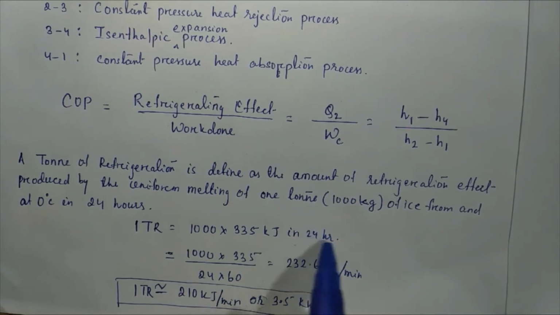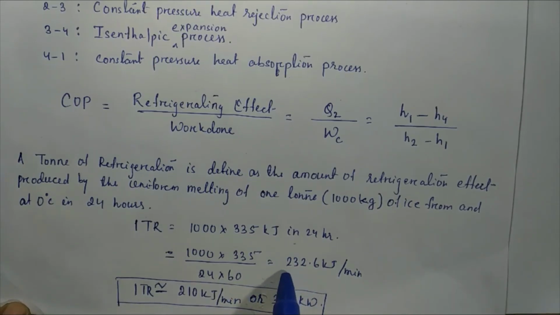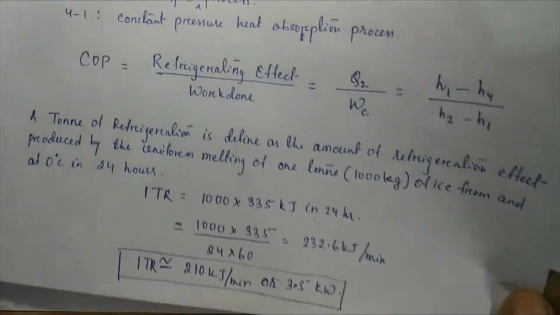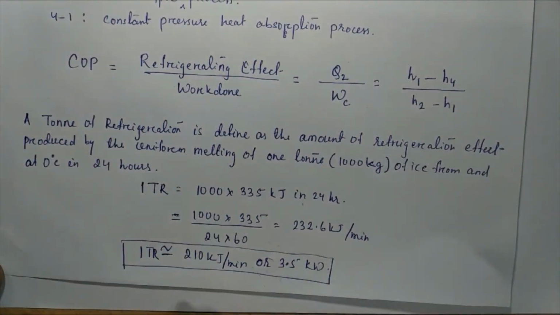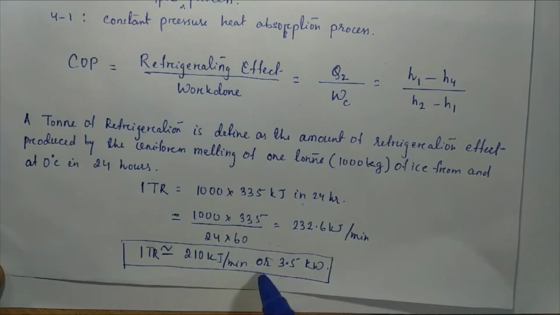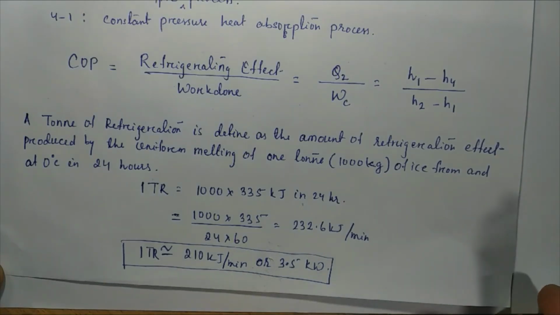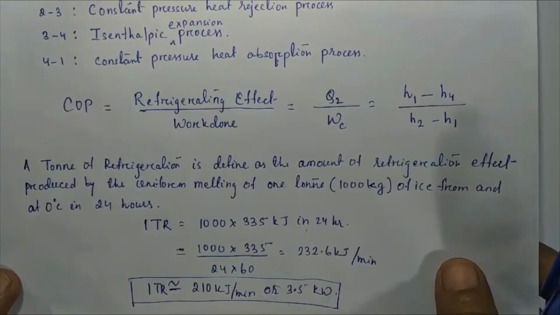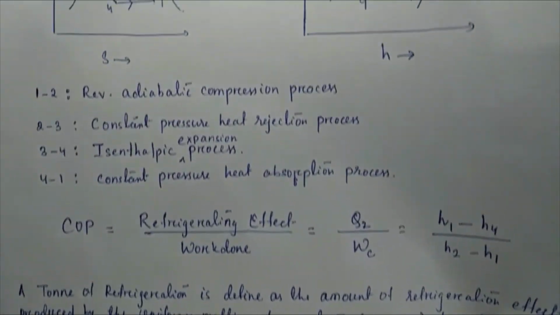We convert 24 hours into minutes, 1 hour equals 60 minutes. So this is equal to 232.6 kilojoule per minute. But approximately, the value used everywhere is 1 TR approximately equal to 210 kilojoule per minute, or 3.5 kilowatt. So this is about the ton of refrigeration and coefficient of performance.